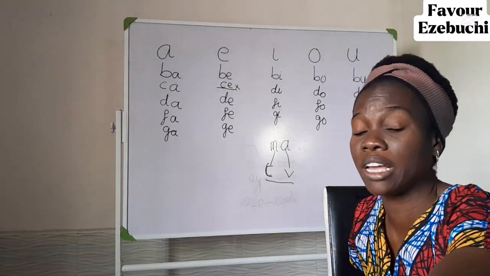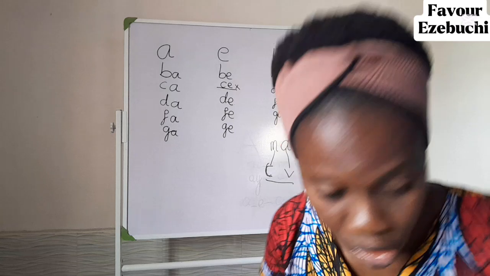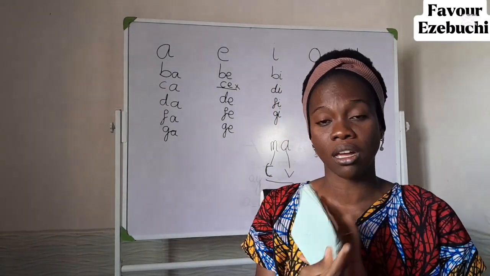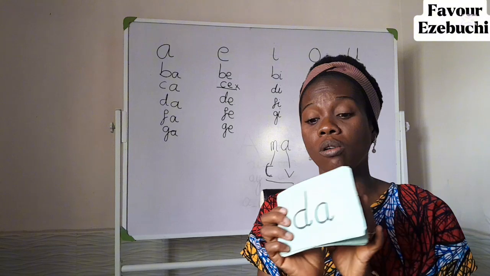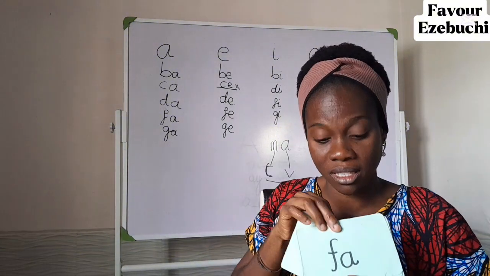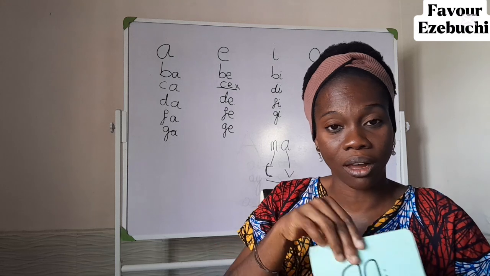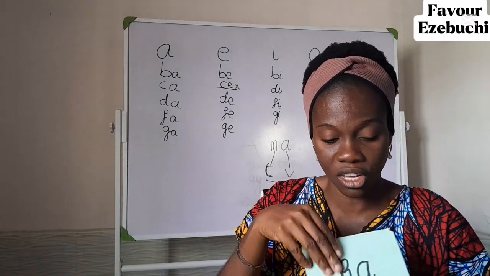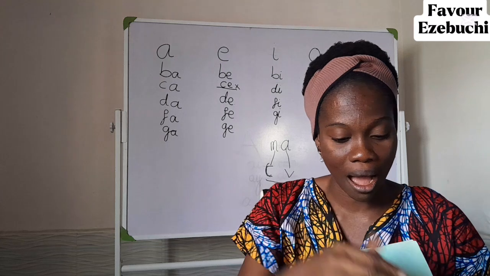Now I will advise that you make a flashcard. When you look at this one here, I've already done this in the color green and it goes for all the A bit of it. So I have this as Da, I have this as Fa, and I have Ga. Can you see? Like that. The Ha is over here, Ka, La, Ma.